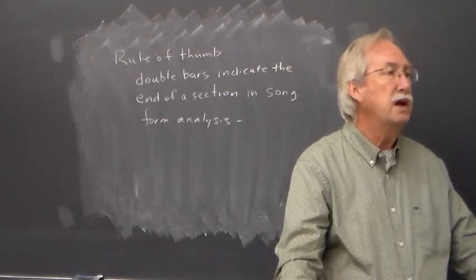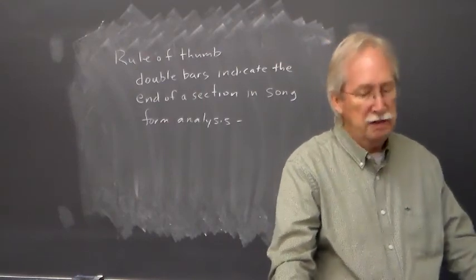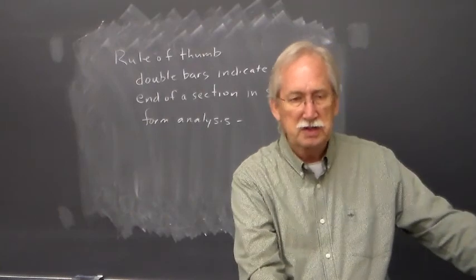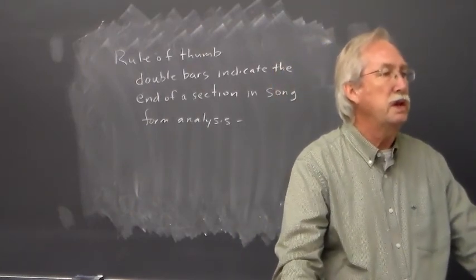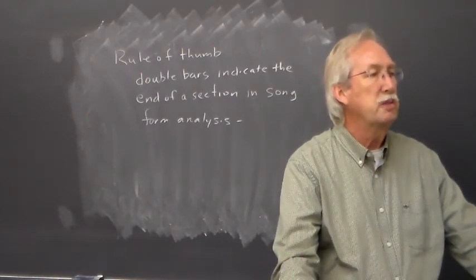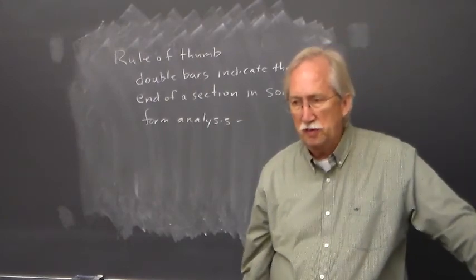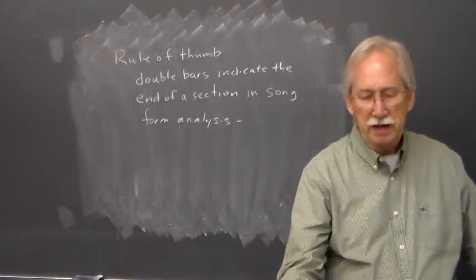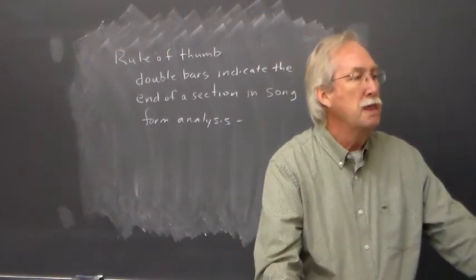And then the final example that we're going to look at, and then I'll give you a little assignment to do, is the last one here, number 10, which is one of the Brahms Opus 39 waltzes. They were originally written for piano duet, and then he made a solo piano version, which is what this is.